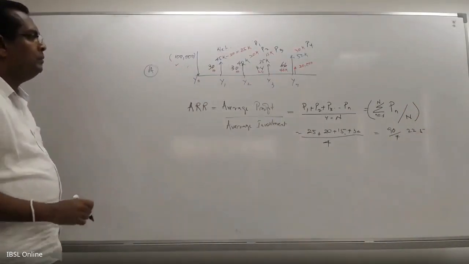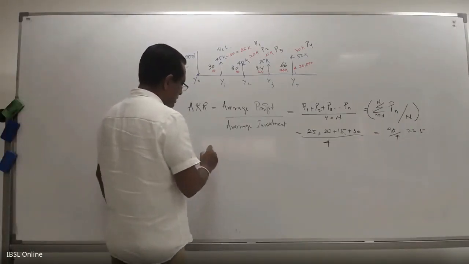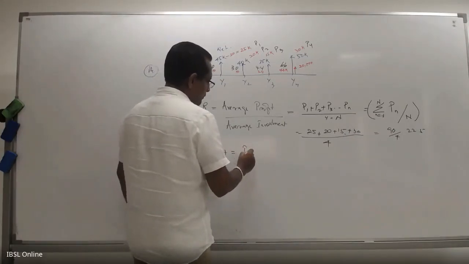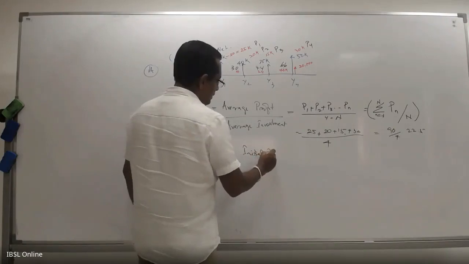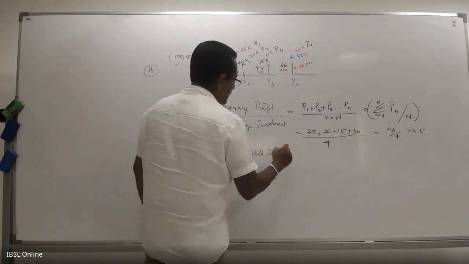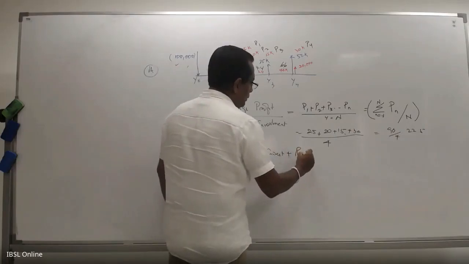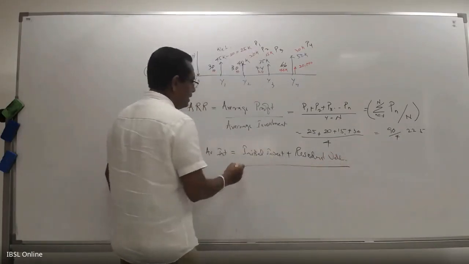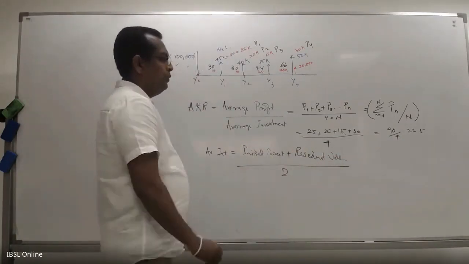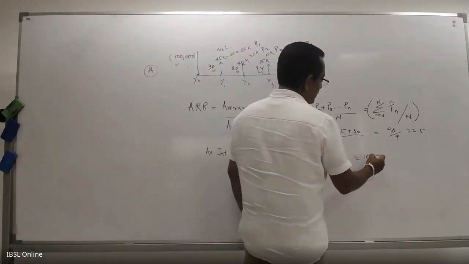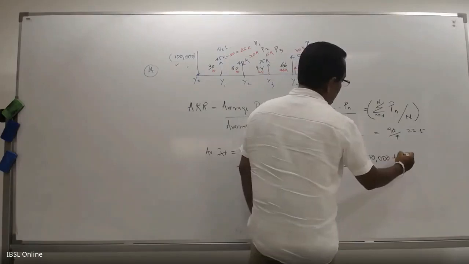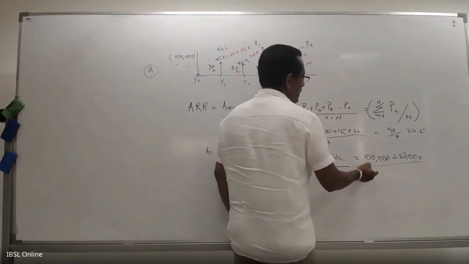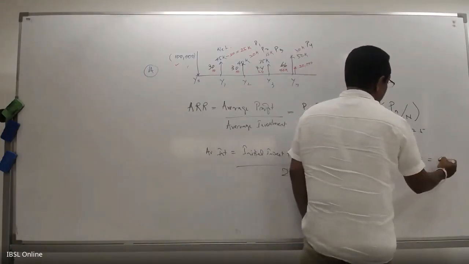Right? In a similar way, you can work out the average investment, which is equal to initial investment plus residual value divided by 2, which is equal to 100,000 initial investment plus 20,000 residual value divided by 2, which is equal to 60,000.